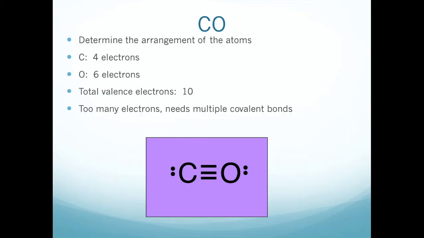So keep in mind that this is a good example to practice drawing multiple bonds. When you draw it with your single bond to start off with, you're going to realize that it has too many electrons, and you need to put in extra bonds for this to work.